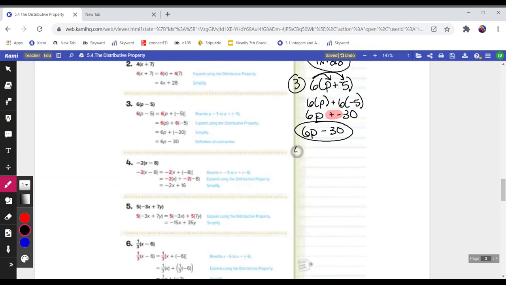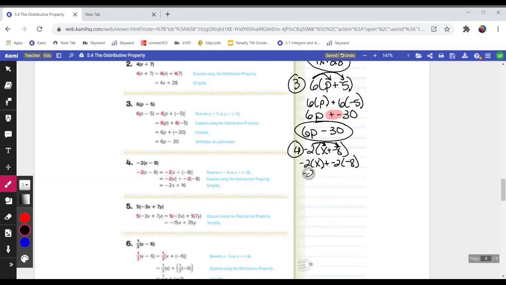All right, let's work on number 4. Negative 2 times the quantity x minus 8. There's subtraction, so I'm going to add and make that into a negative 8. And I'm going to distribute a negative 2 to x and a negative 2 to negative 8.